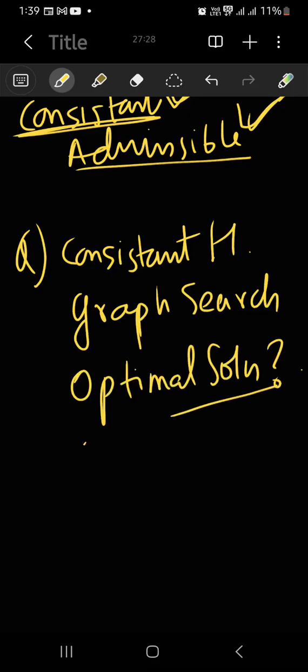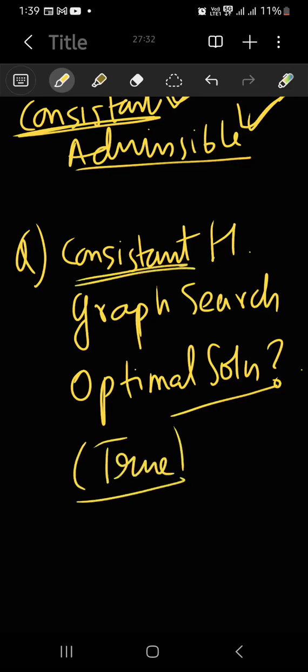The answer is yes, true, we definitely get the optimal solution because consistency is there. For graph search, the highest condition which you need to satisfy is consistency. I know my English is not that good, but I think I am able to make you understand what I am trying to say, right?